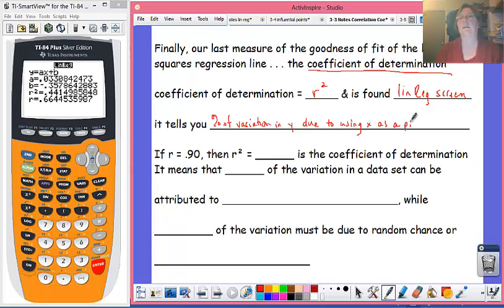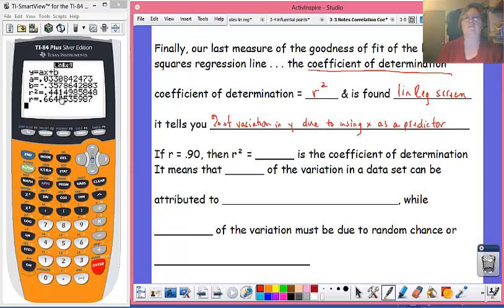I'd like to put that in some terms that maybe make a little bit more sense to us. What it's saying is, in the example we're looking at, GPA varied a lot, but the percent of variation in our GPAs due to using IQ as a predictor was about 44%.